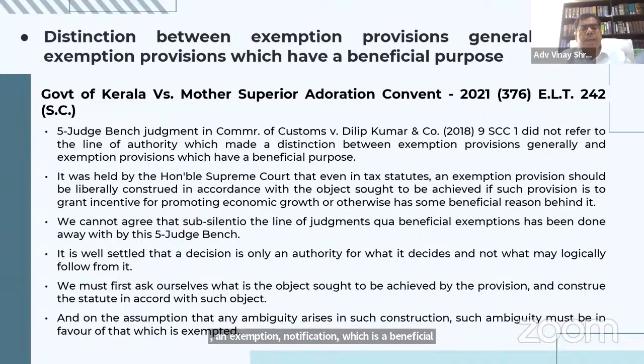So it was held that an exemption should be liberally construed, where such liberal construction results in overall achievement of the objective. And where the exemption notification is for the purpose of granting incentive for promoting economic growth or otherwise, and there is some beneficial reason behind it, then it should be liberally interpreted.